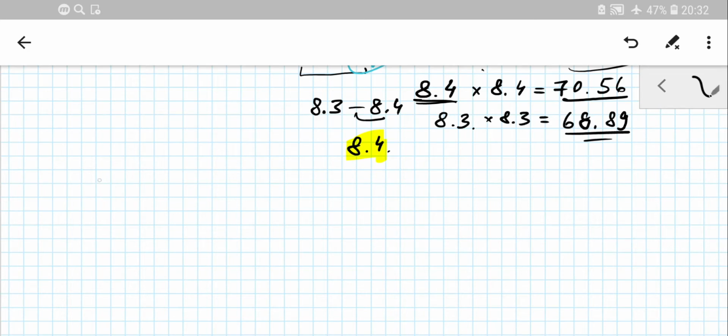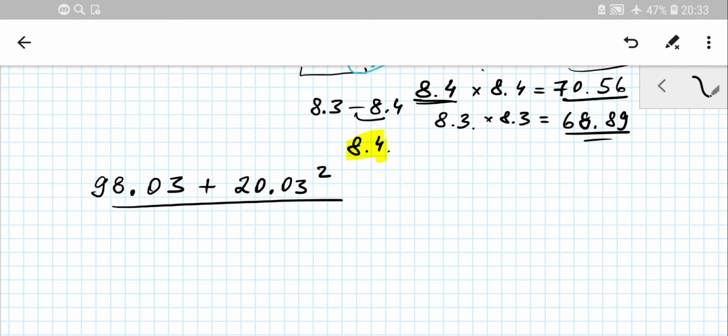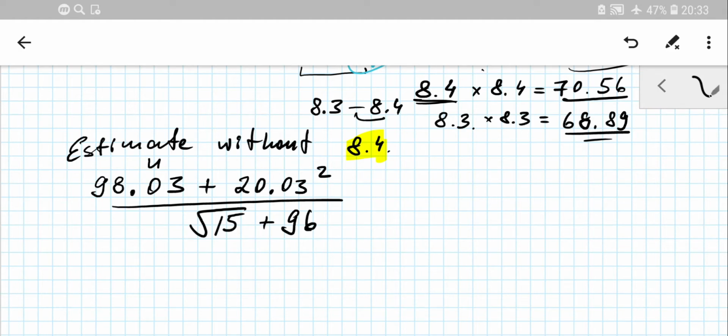Let's take 98.03 plus 2003 squared, and everything you need to divide by the square root of 15 plus 96. That's what you need to estimate without using a calculator.